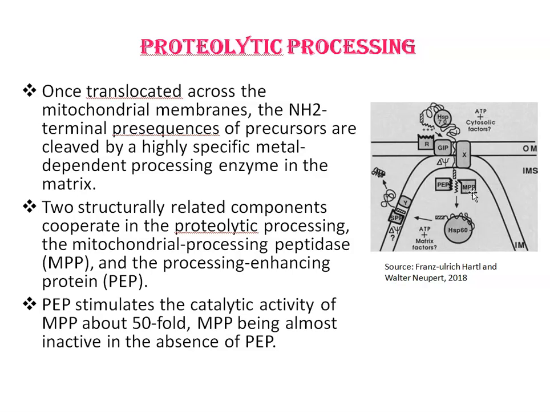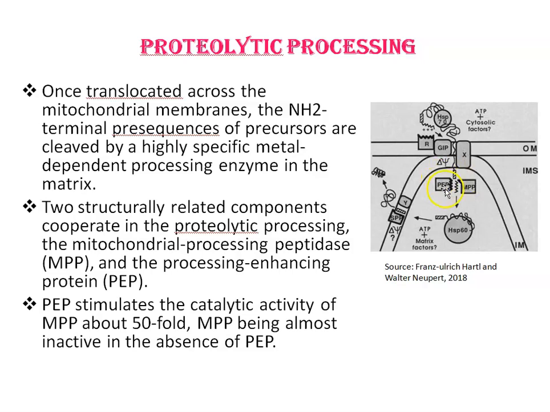One is mitochondrial processing peptidase, MPP, and the second is processing enhancing protein, that is PEP. Both these proteins are encoded by nuclear genes and have to be imported from the cytosol as precursors, having cleavable pre-sequences themselves.